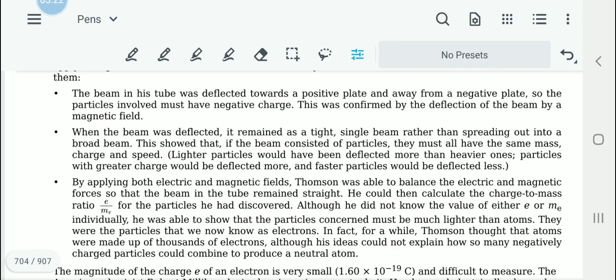He did not know the values for e or m_e because it was still under investigation. But he concluded these particles were very much lighter than the atoms.